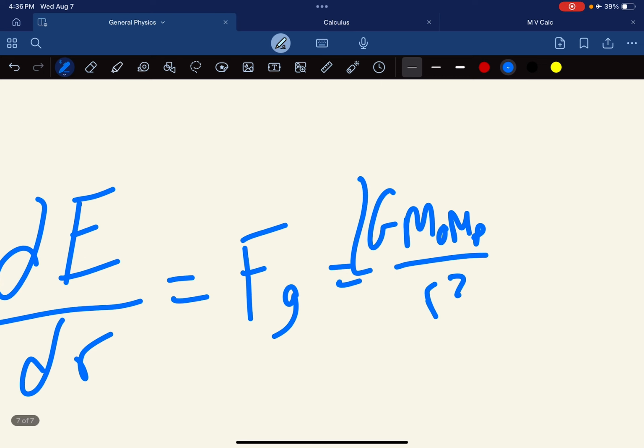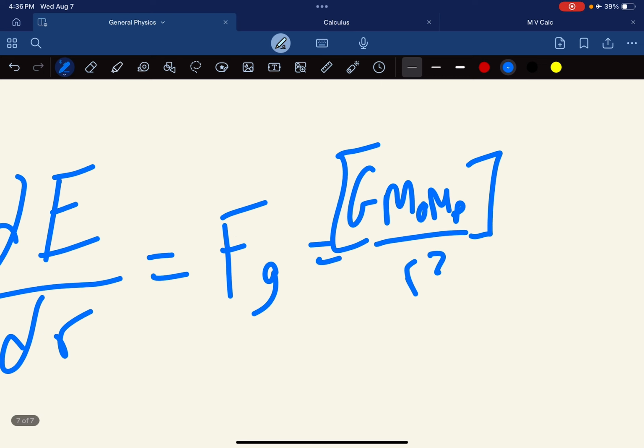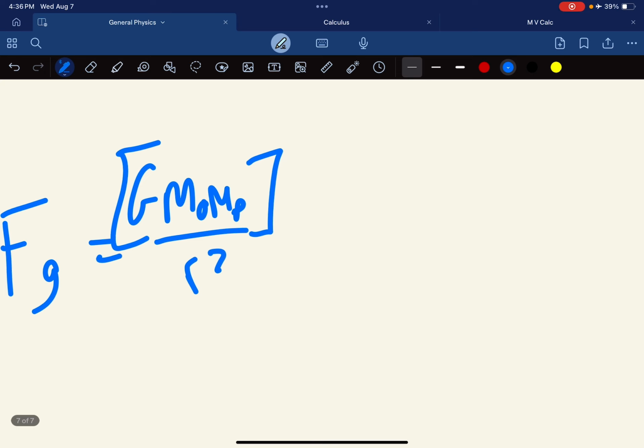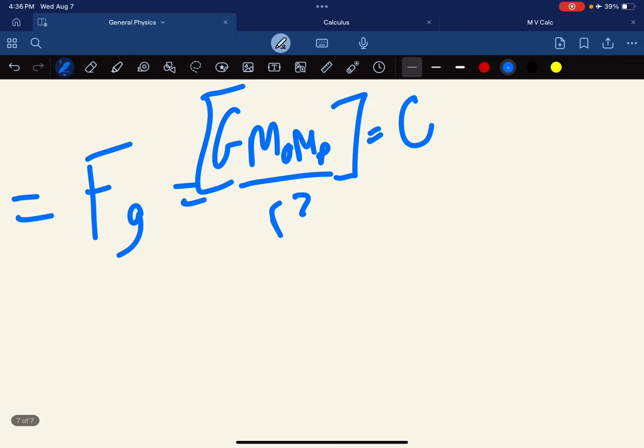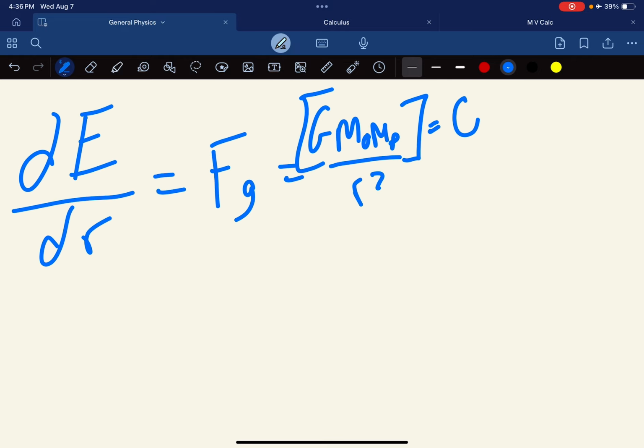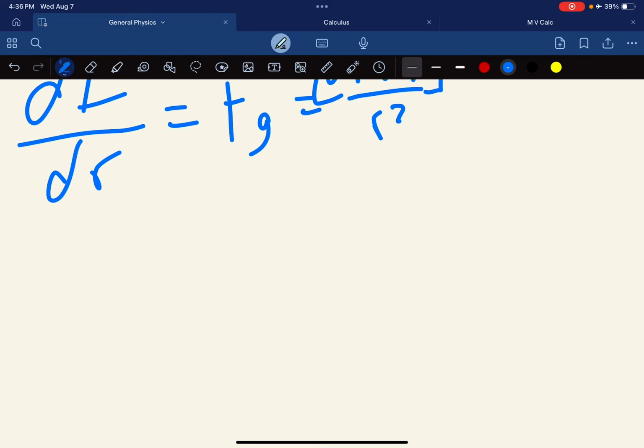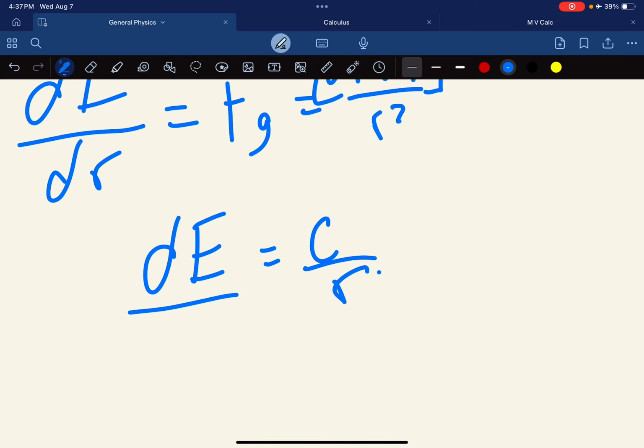Now, since this right here is a constant with respect to the radius, or the distance from the planet, we are going to write that this is equal to c, just to make writing this out a lot easier. So when we multiply both sides by dr, we get dE is equal to c times 1 over r squared, or just c over r squared, times dr.